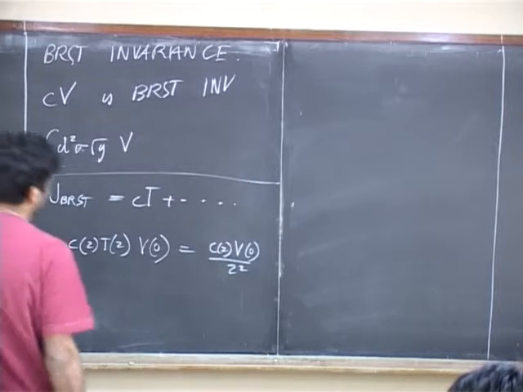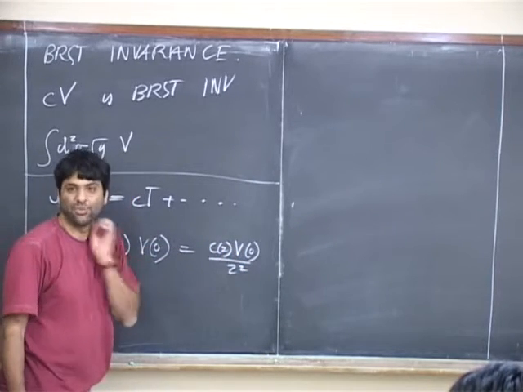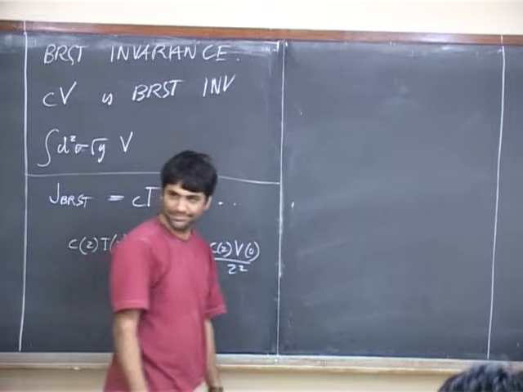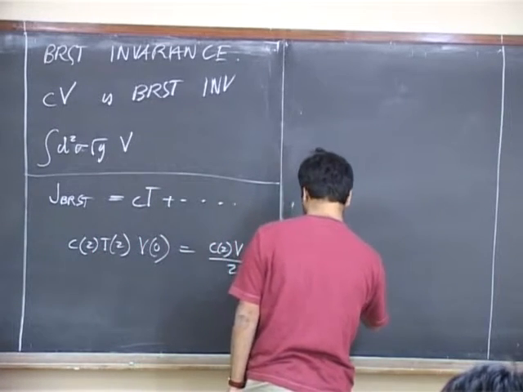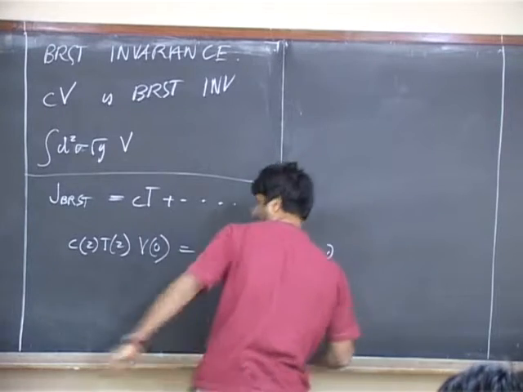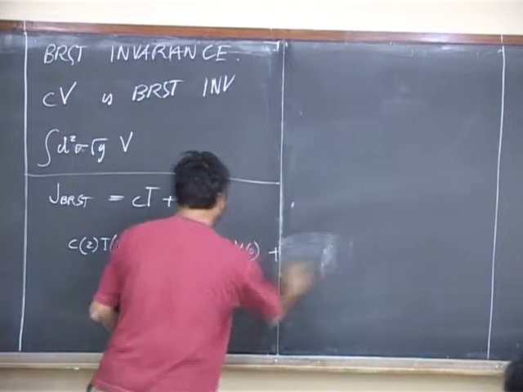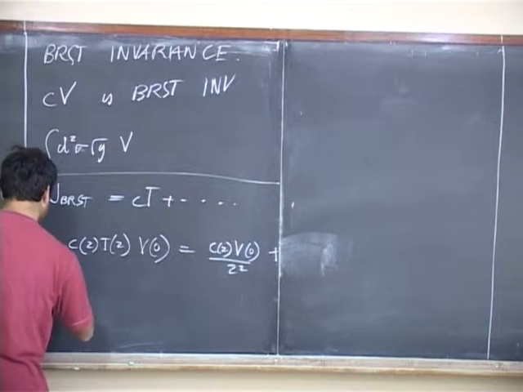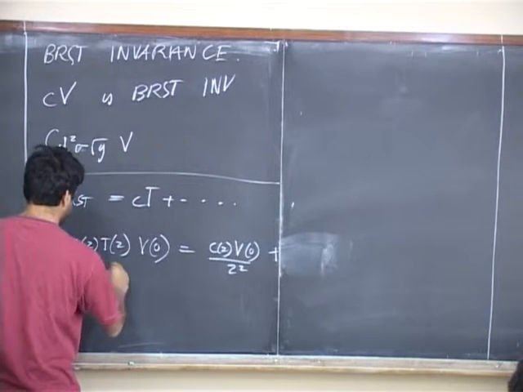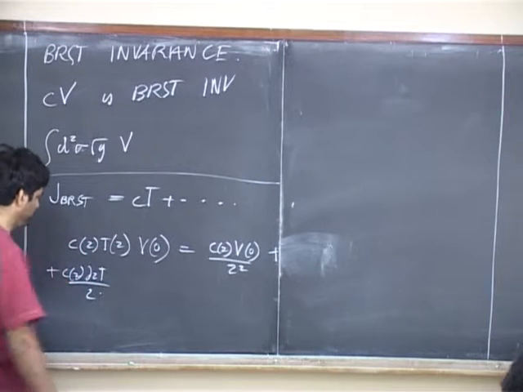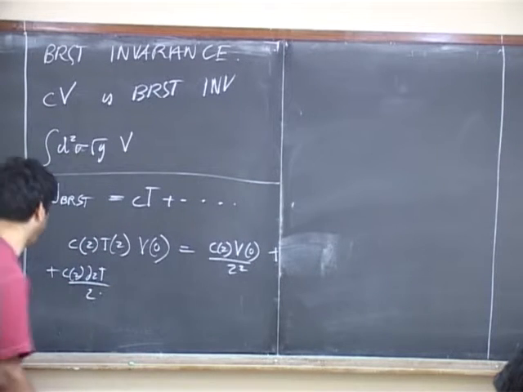Right? So this is h V(0) by z squared, where h is 1. And then plus the other term, which is c(z) times ∂_z V(0) by z.